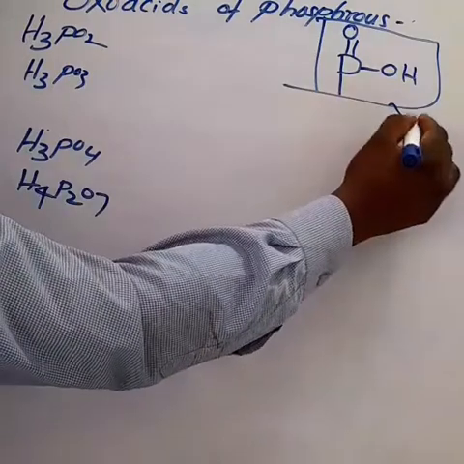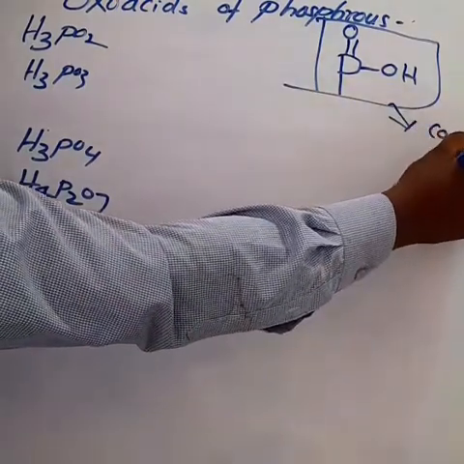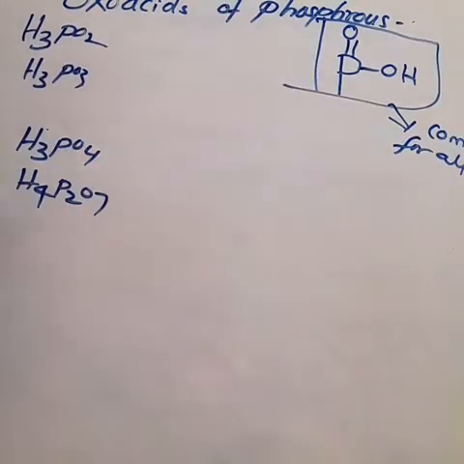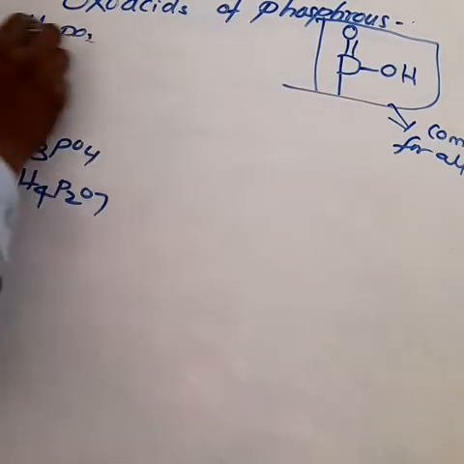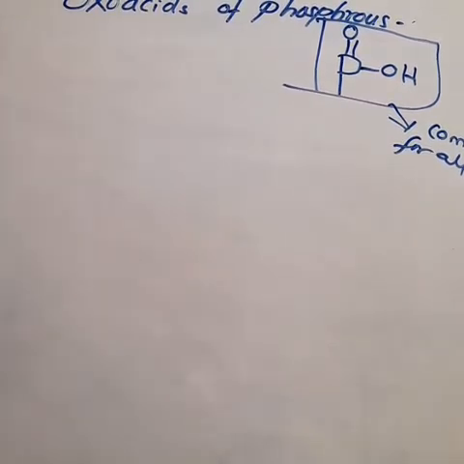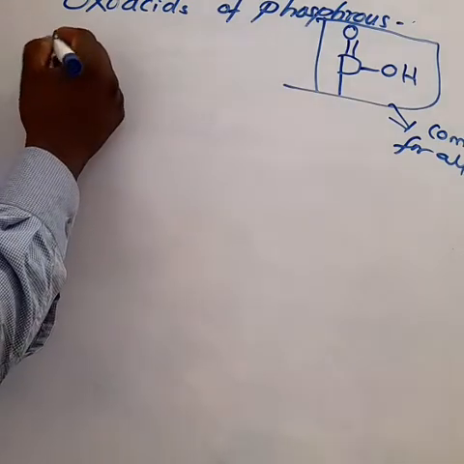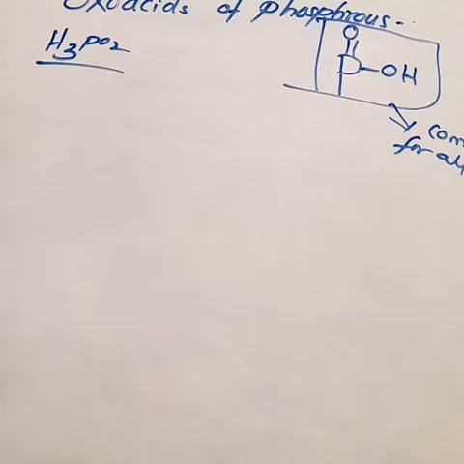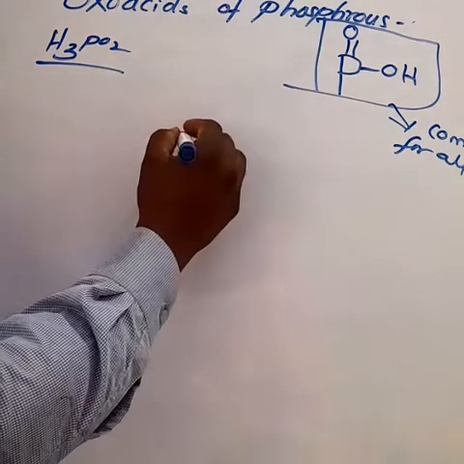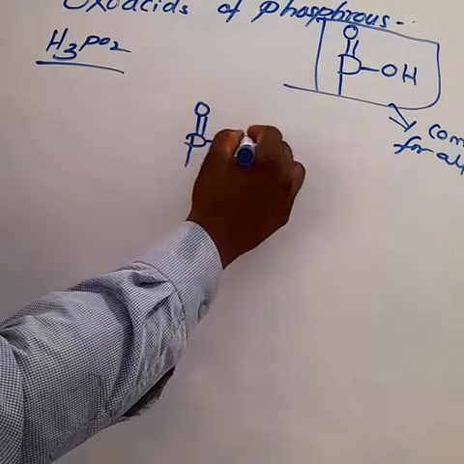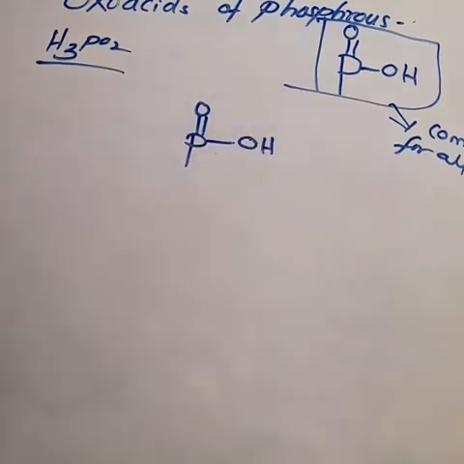Can you understand, my dear children? This group is common for all: phosphorus with oxygen and an OH group. So first I am writing P, upwards double bond oxygen, then on the right side OH.